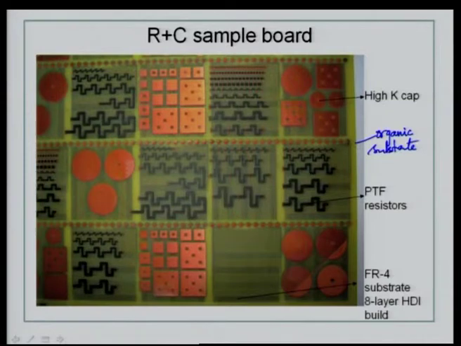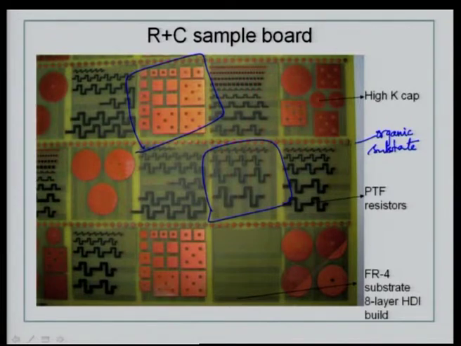Typically, what I am showing here is the build up layer on which both the resistors and the capacitors are placed. You can see the black ones here are the resistors and these are the capacitors. And this is the flame retardant 4, FR4, 8 layer high density interconnect.